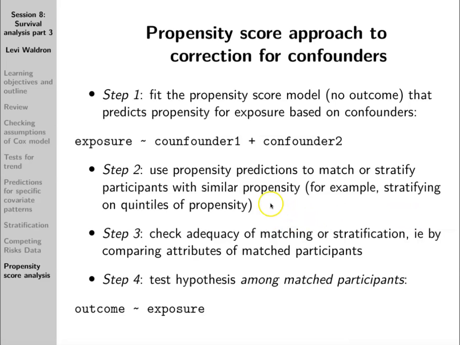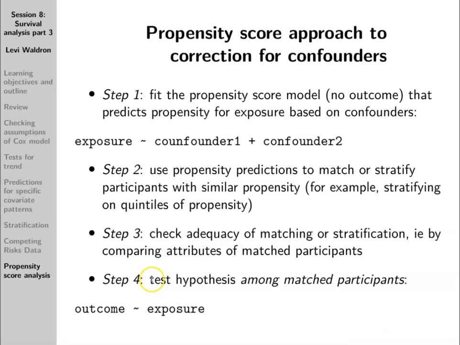And this can be done by comparing the attributes of the matched participants and by comparing the propensity scores of the exposed and unexposed groups within these strata. What we expect through this matching is that participants within a stratum are approximately equally likely to have been exposed or not, based on predictions by these confounders.